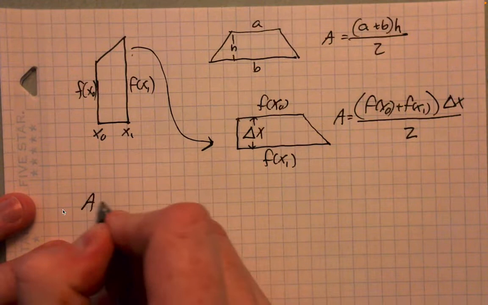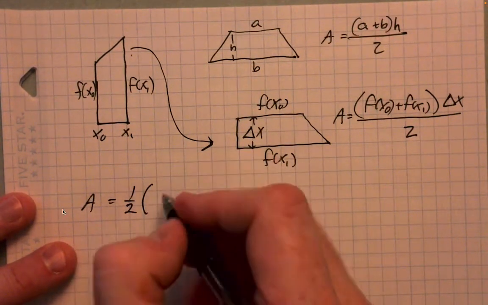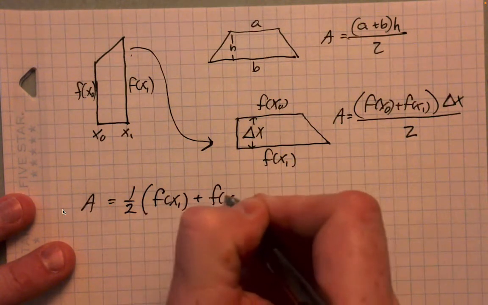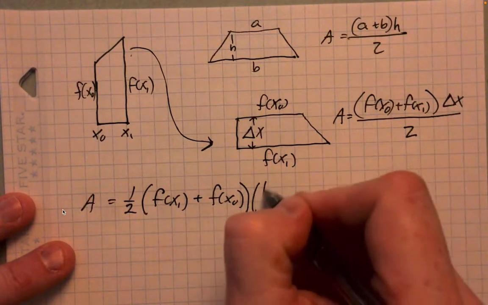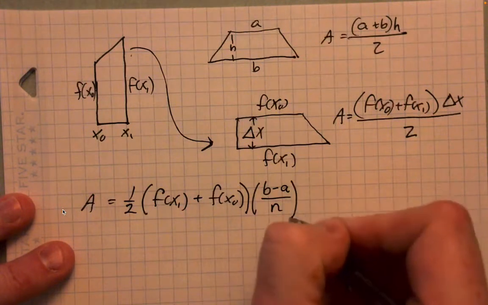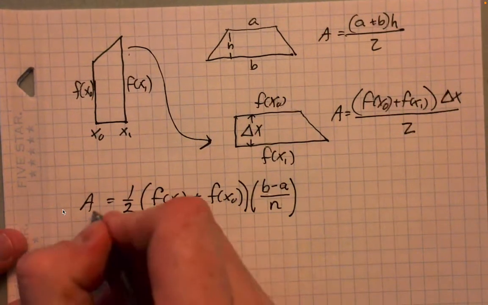Let's write that slightly differently. Let's write it like this: 1/2, and then f of x1 plus f of x0, and then instead of delta x, we're going to write b minus a divided by n. So this is the area of the first trapezoid.